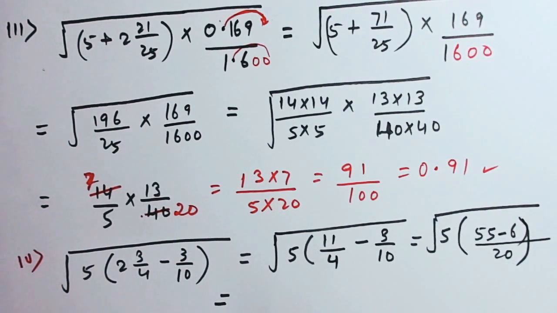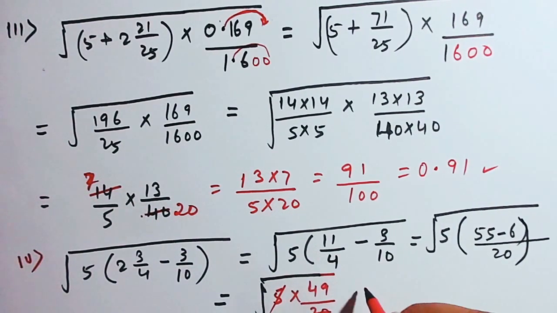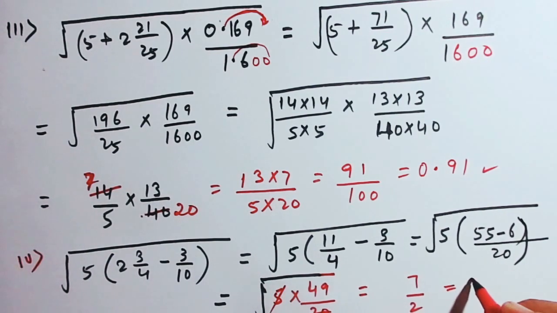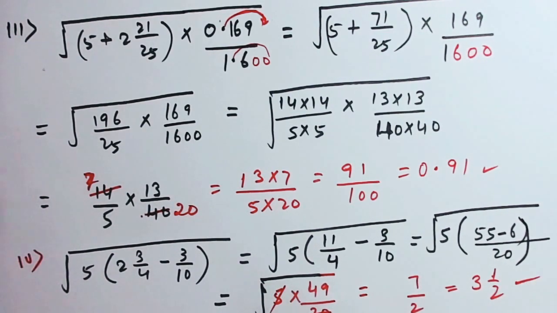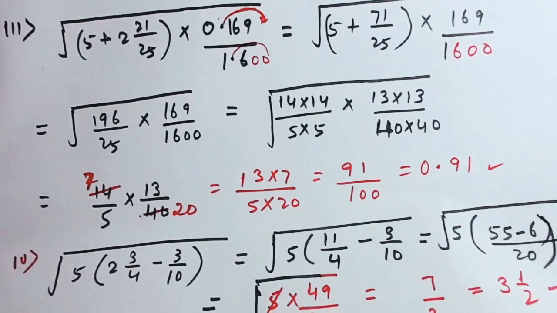So square root of 5, 55 minus 6, how much? 49. So 5 times 49 by 20. 5 4 times 20. Square root of 49 is 7, square root of 4 is 2. So 7 by 2 is 3.5. See, it can be done in a very small space. So no need to panic.